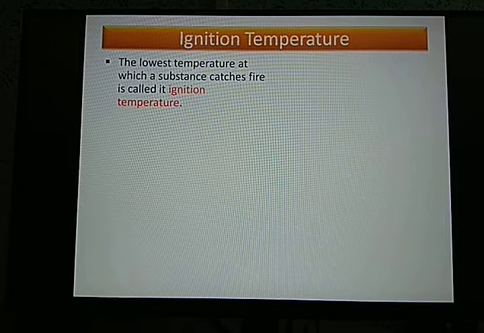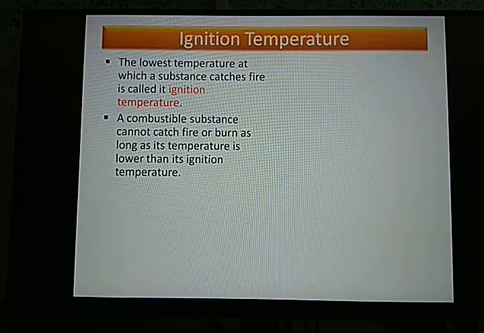And until this temperature is reached, the burning of that substance is not possible. So a combustible substance cannot catch fire or burn as long as its temperature is lower than its ignition temperature. As a result, even if we keep a matchstick or a piece of wood, it doesn't start to catch fire automatically.